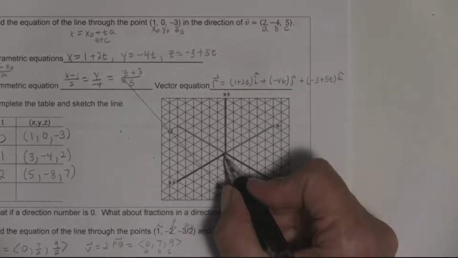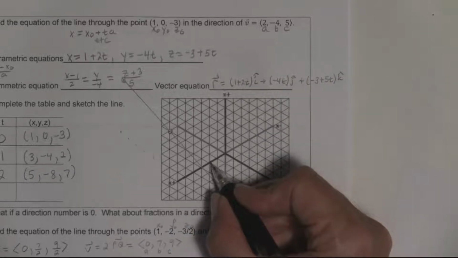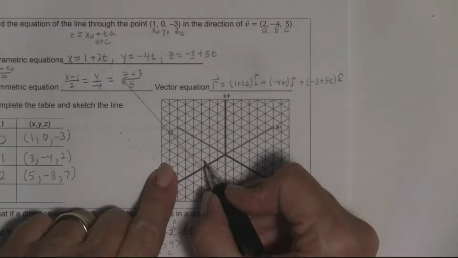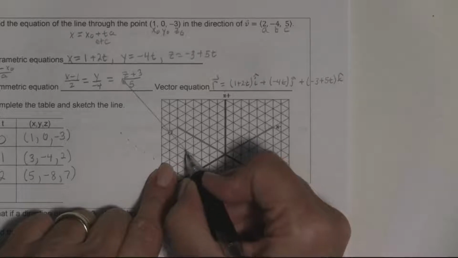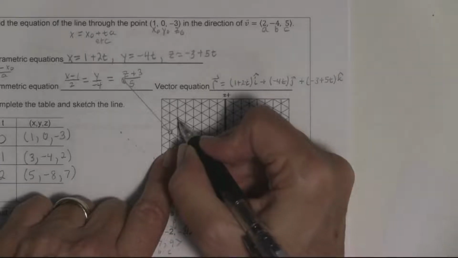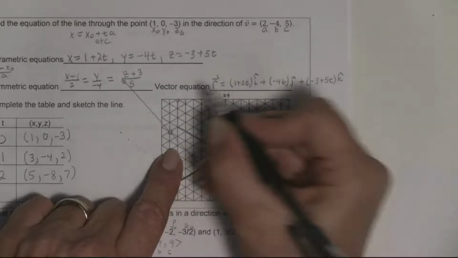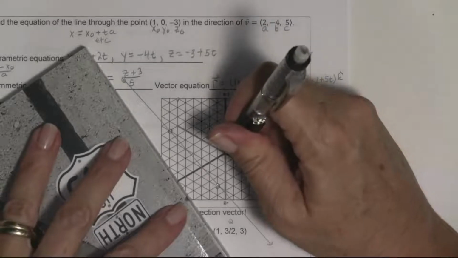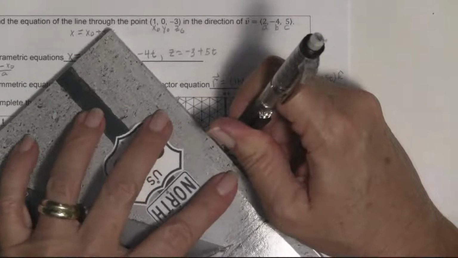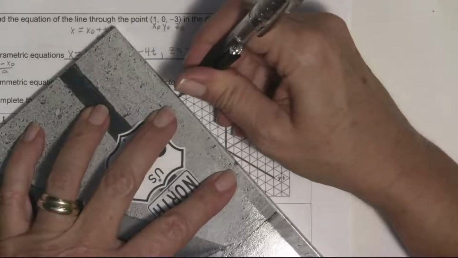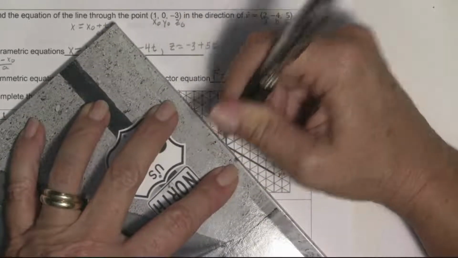So I go over 1, 2, and backwards -4, 1, 2, 3, 4, and then up 5, 1, 2, 3, 4, 5. And then I'm going to use my book. Remember, the direction vector goes from the origin to the terminal point, the head of the vector.